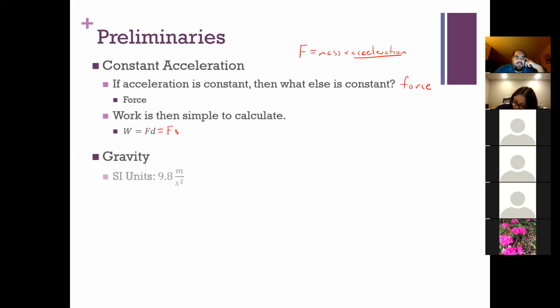So gravity, since we have a couple different systems of units here, we're going to have a couple different constant accelerations of gravity. If we're in SI units, and those of you who have already taken some physics have probably seen this constant, 9.8 meters per second squared. In imperial, you're going to see 32 feet per second squared.